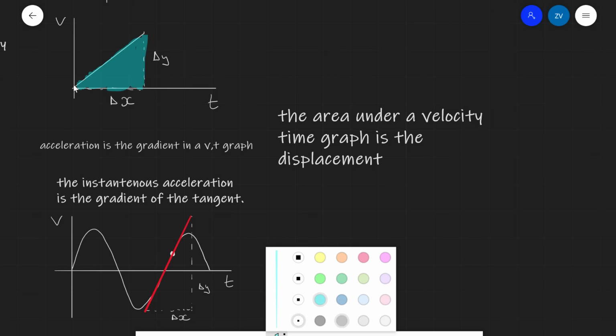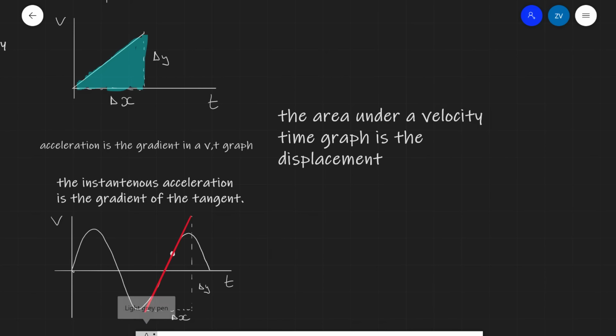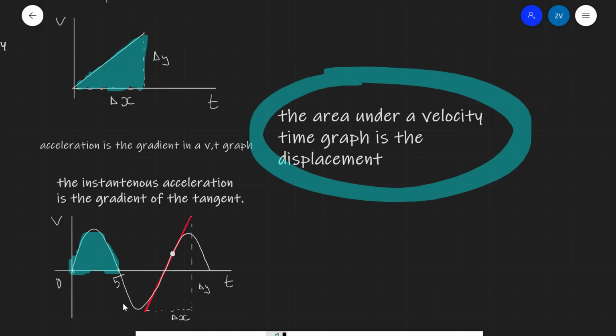And if we're interested in the displacement, let's say between 0 and, let's say that this here is 5 seconds, then the total displacement will be given by the area, which of course will be this area over here. But yeah, once again, the area under a velocity time graph is the displacement.